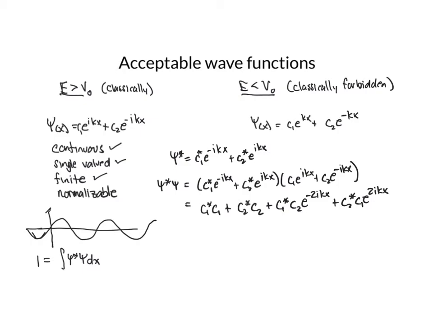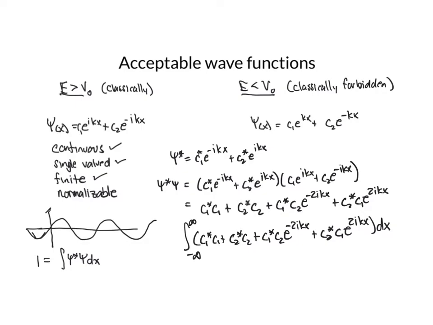So now I need to integrate this function from minus infinity to infinity, because x can go all the way from minus infinity to infinity over all x's. And if I choose c1 and c2 correctly, then the idea is that this will equal 1 if it's normalized.